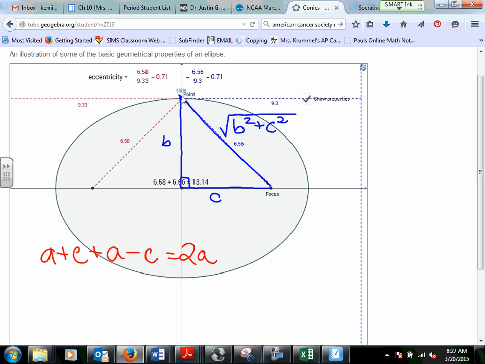Now, that's what the blue is, which is also what the red is, because we have made an isosceles triangle here. So if we add these two together, we get 2 of them. We also determined that these add together to be 2A, didn't we?